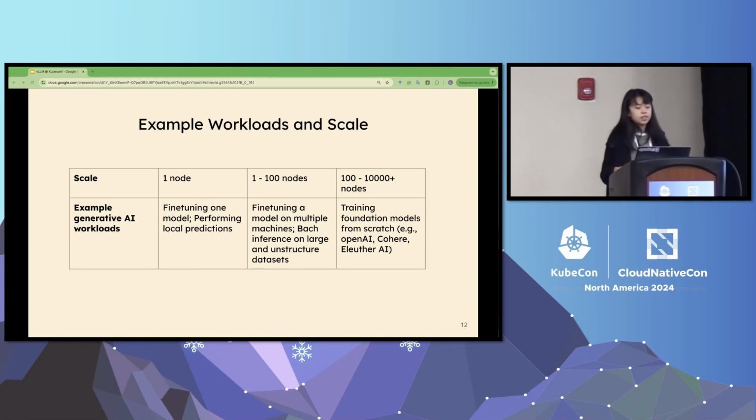So this is the scale at which major AI companies operate to develop state-of-the-art models. That being said, with such large scalability of current generative AI workloads, you really need an AI infrastructure that can manage and observe such a large amount of data and compute resources.